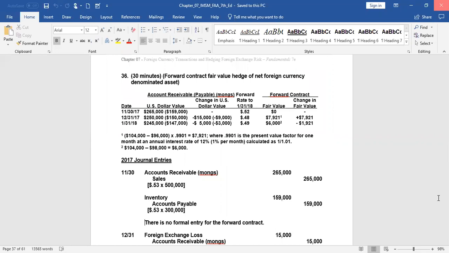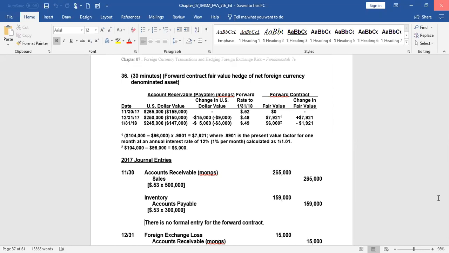You've got to convert at whatever you signed at. They entered into that 2-month forward contract on November 30th, 2017, so the date of the transactions, to deliver 200,000 Hmongs, so the net, to the foreign currency broker in exchange for $104,000.